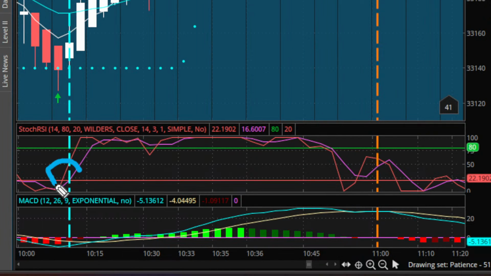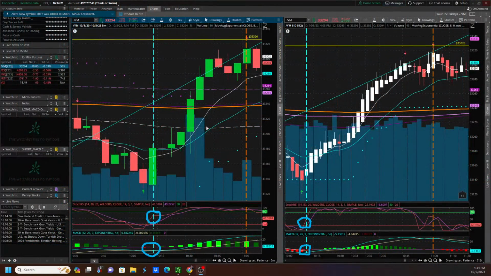This is what I would have seen in the stochastic RSI, and that's what I would have seen in the MACD. You can see from here we were still on the oversold side, and we still haven't crossed over yet.